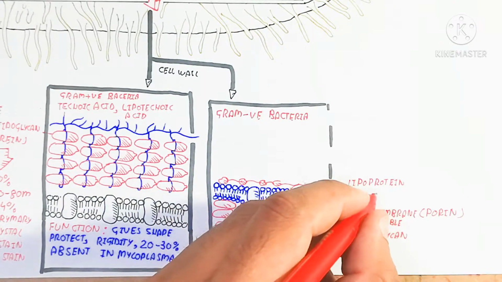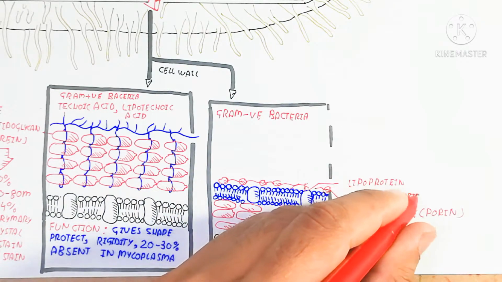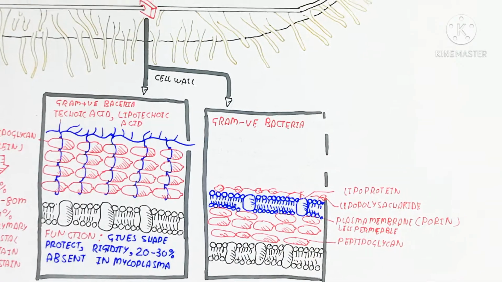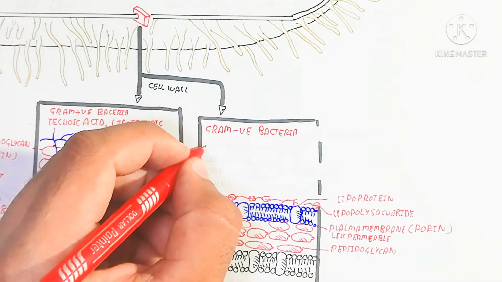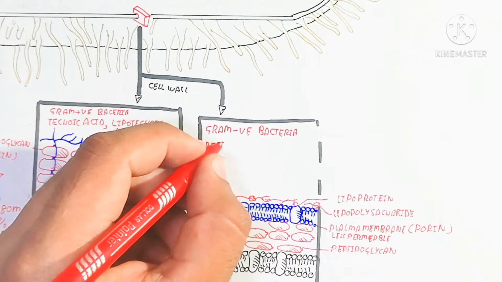It is important to know that peptidoglycan is 10%, while the gram-positive contains 50%.